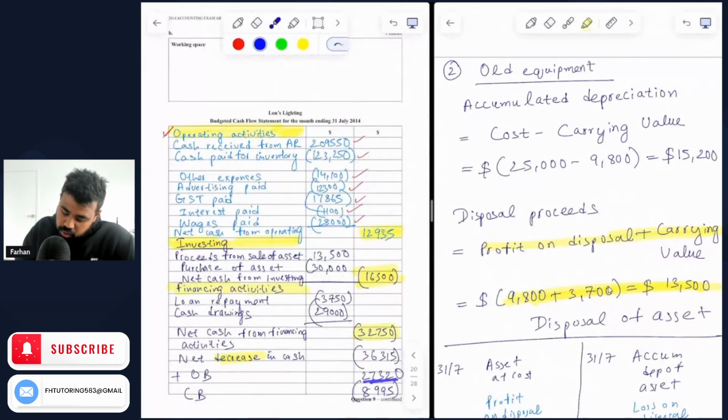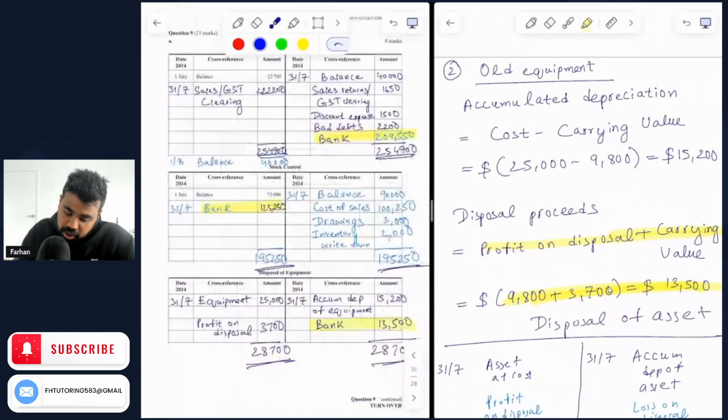Once you do the calculation, minus 36,315 plus 27,320, you get negative 8,995, which must be the closing balance. Because this is negative, it refers to a current liability or bank overdraft. Let's verify that. You can check the balance sheet.